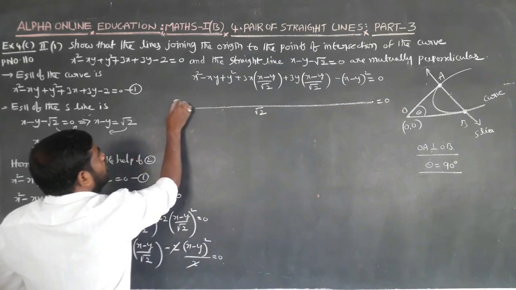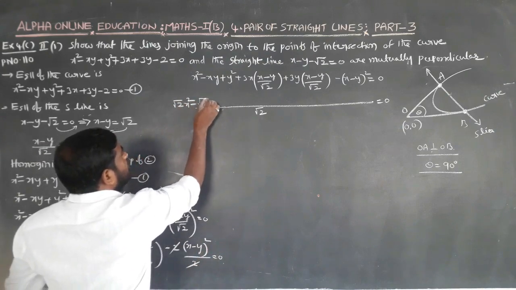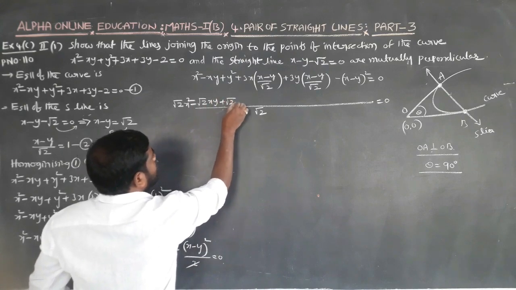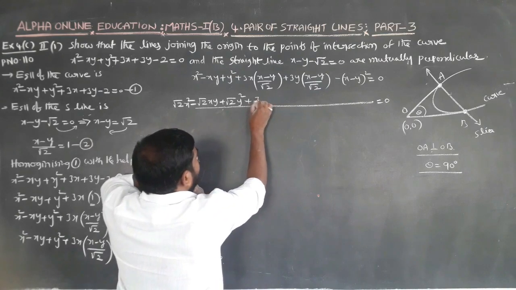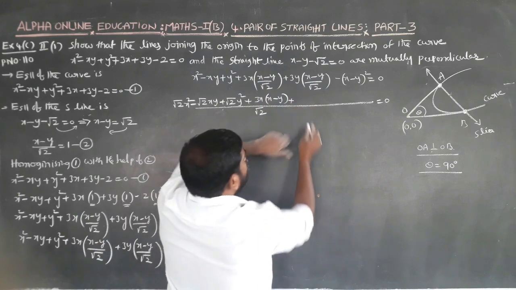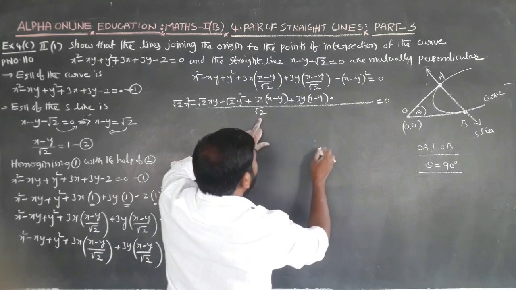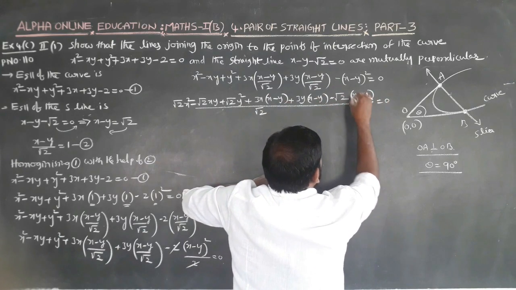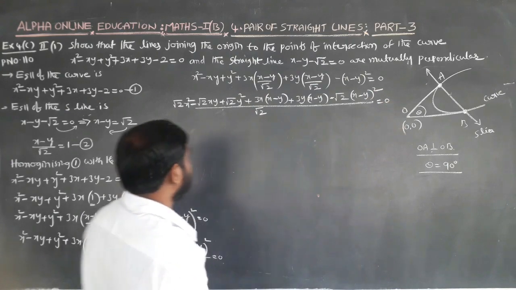Root 2 into x square, root 2x square; root 2 into xy, root 2xy; root 2 into y square, root 2y square. Root 2 cancels in 3x into x minus y, and in 3y into x minus y. Root 2 into 1, root 2 into x minus y whole square. 0 into root 2, 0.